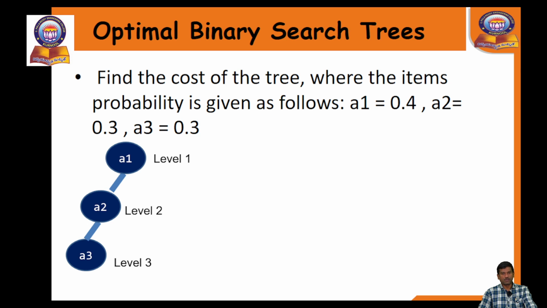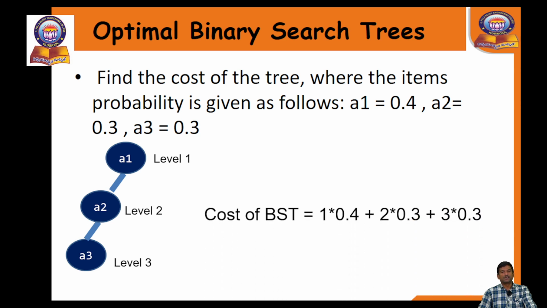How to find the cost? The cost is the probability of searching A1, because A1 has been kept as the root. The probability of searching A1 is 0.4, and the level number is 1. So 1 into 0.4 plus the probability of item 2.